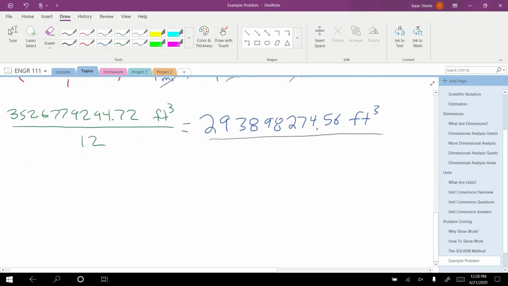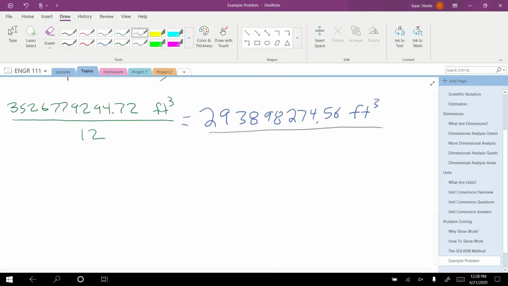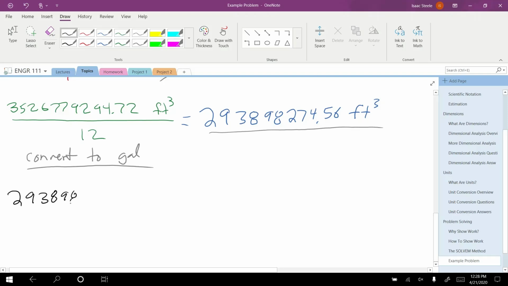I'm going to go ahead and now convert to gallons. So to do this, I'm going to start with my original number, written as a fraction.